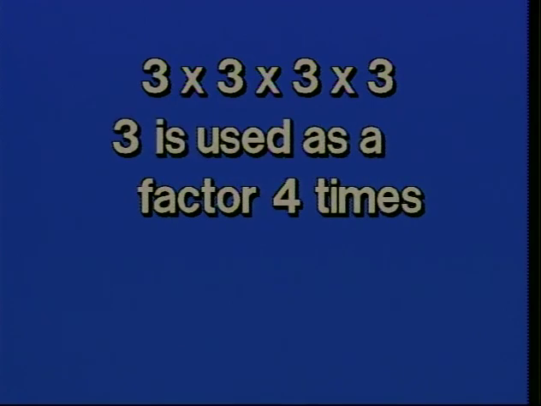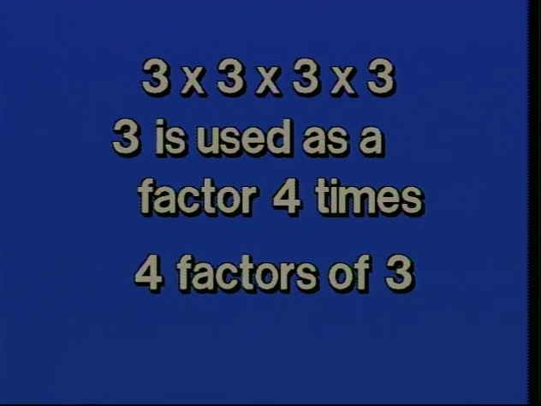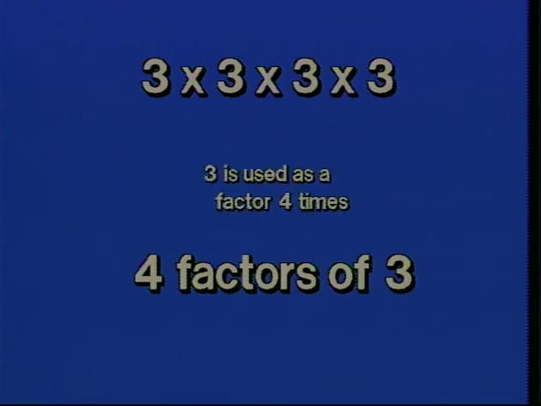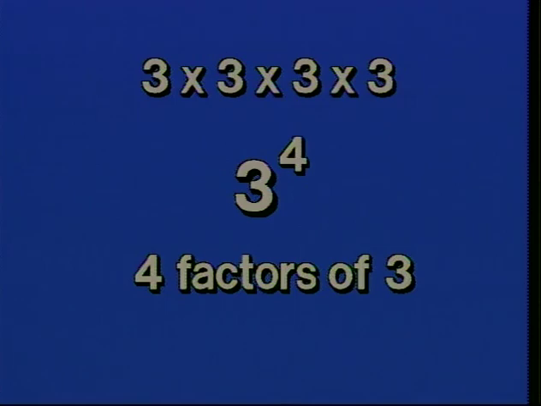Here we have 3 times 3 times 3 times 3, or we say that 3 is used as a factor 4 times. So we have 4 factors of 3. Now this leads to the notion of exponent. The notation for it is like this. We write a 3 with a little raised 4.